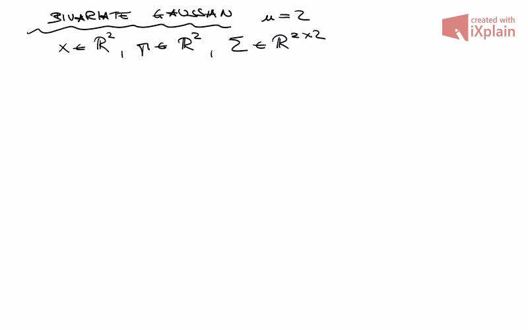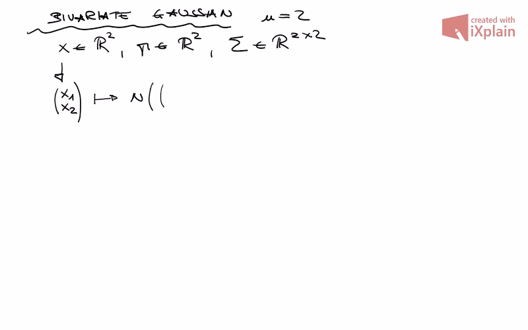So let's look maybe a little bit closer into our x. So x has now 2 components, x1 and x2. And of course, our multivariate Gaussian probability density function still returns for each x, so for each input, a single value. Yeah, so this gets mapped onto a value here.